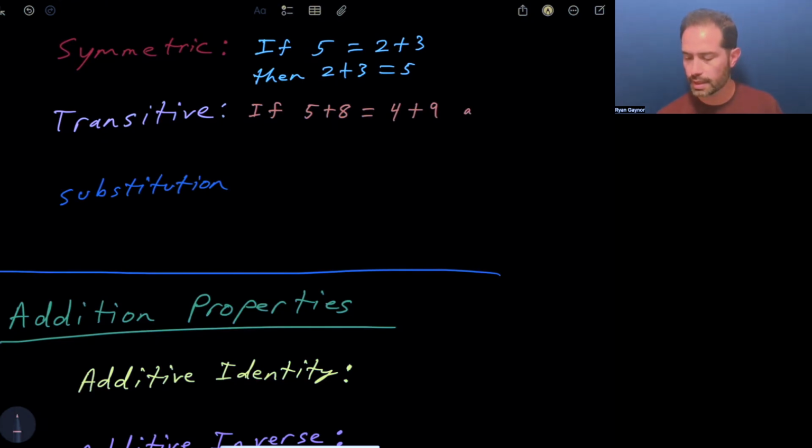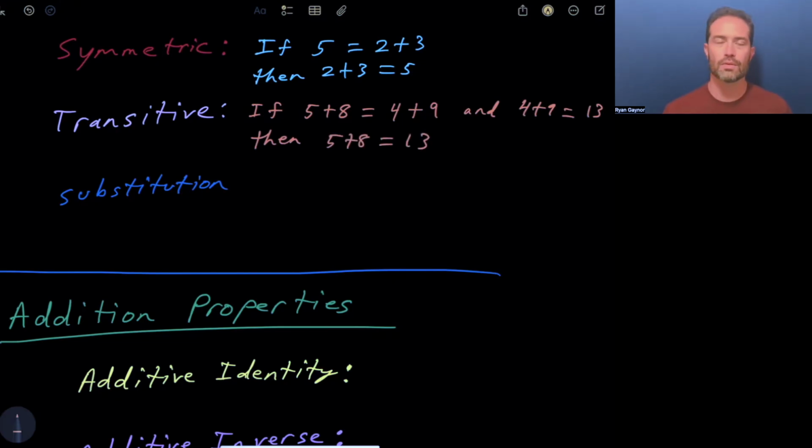So then we say, and 4 plus 9 equals 13. And then 5 plus 8 will also equal 13. So again, if the first quantity equals the second quantity, and the second quantity equals the third quantity, then the first quantity will equal the third quantity. That's transitive property of equality.